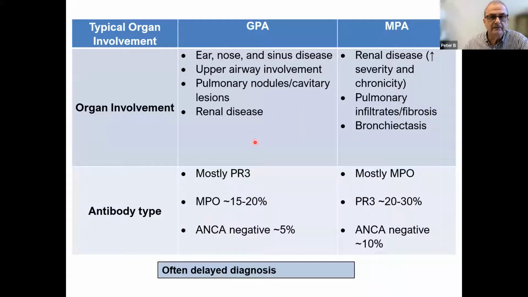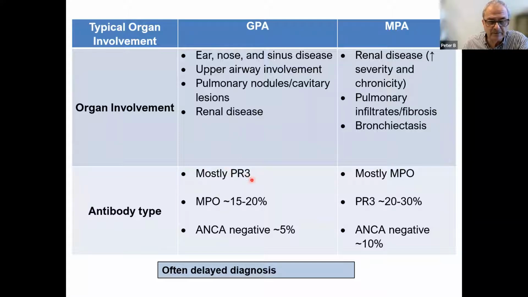And this is also the typical organ involvement in GPA. You have more involvement of the upper airways, sinusitis, and the ear, nose, and throat involvement. And also you can have pulmonary nodules and cavitary lesions in the lungs, and of course renal disease.